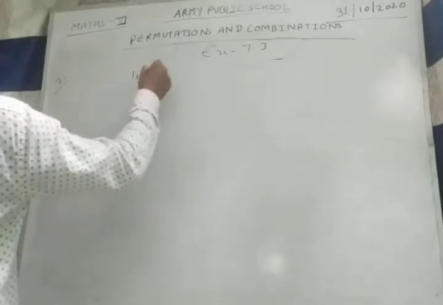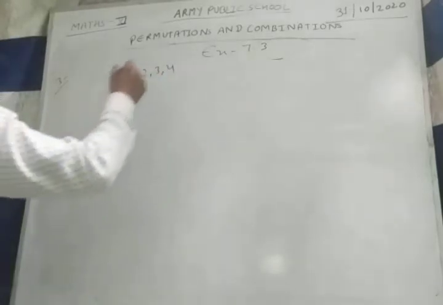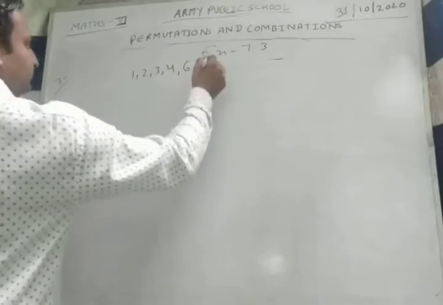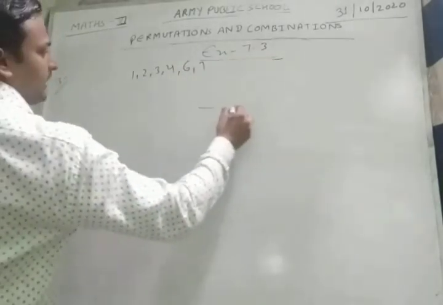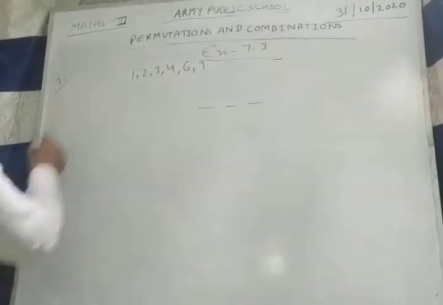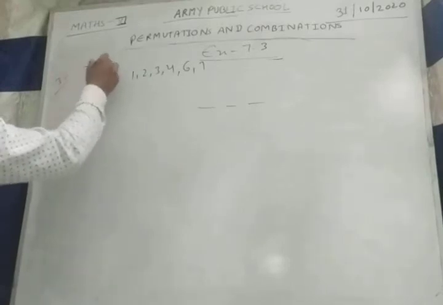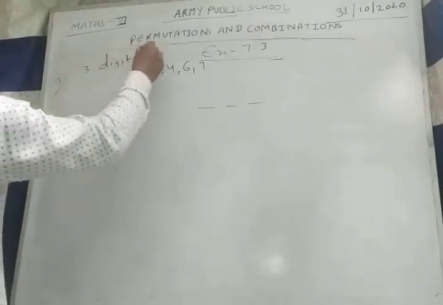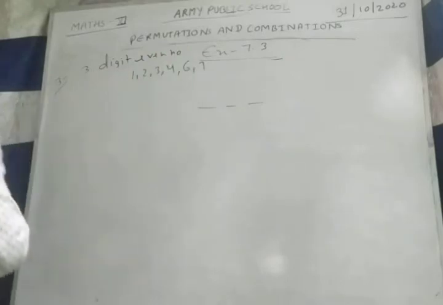How many 3-digit even numbers can be made using the digits 1, 2, 3, 4, 6, 7? How many 3-digit numbers? We have to form again 3-digit numbers using the digits 1, 2, 3, 4, 6, 7 if no digit is repeated. We have to form 3-digit even numbers. Okay.